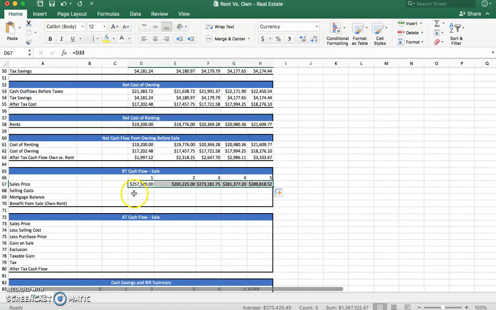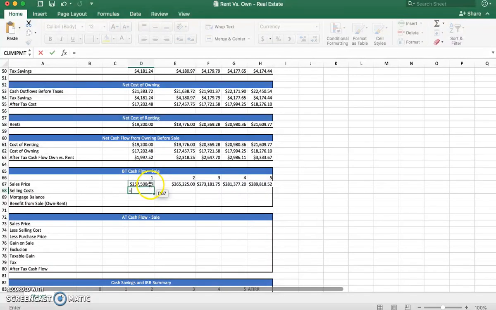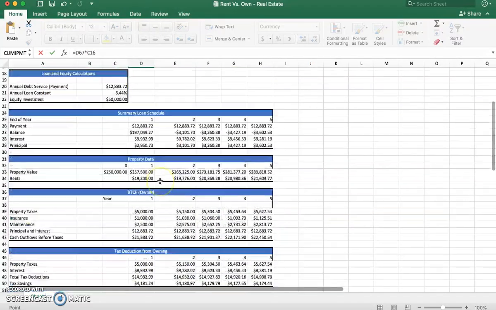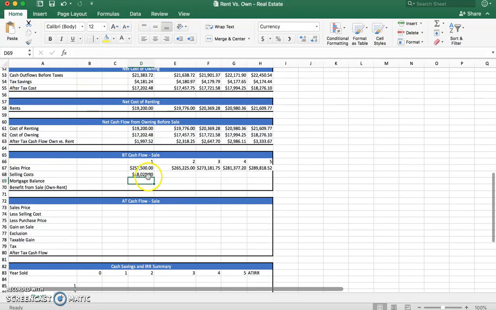Alright, so now our selling cost is going to be the next component. To get this, we just take the selling price, or excuse me, the sales price above times the selling expense. That is one of our project assumptions. So we'll do this times the selling expense of 7% right here. Enter that, pull that all the way across.